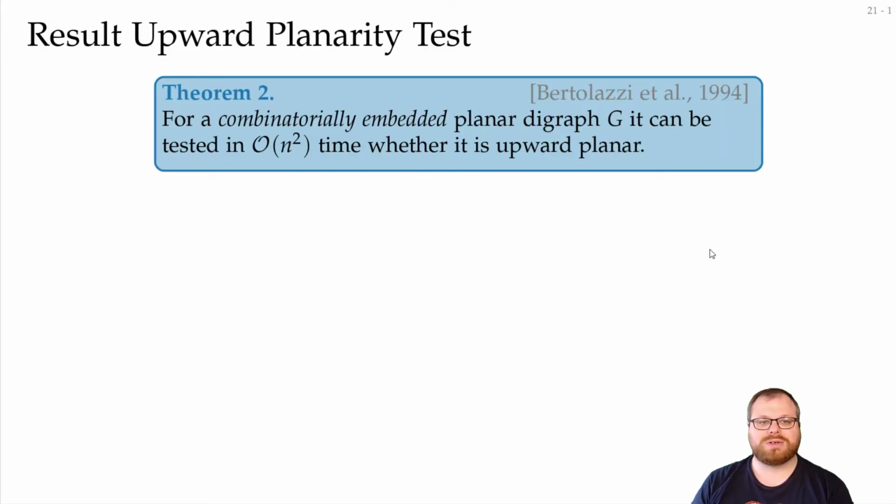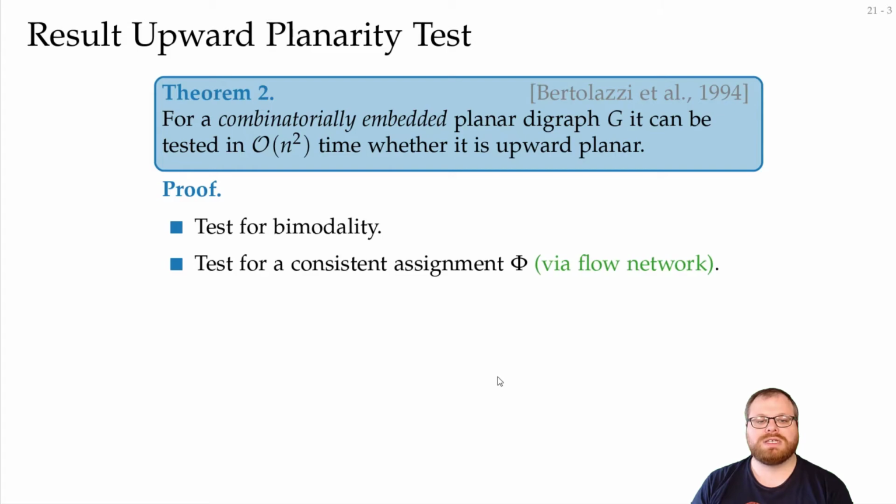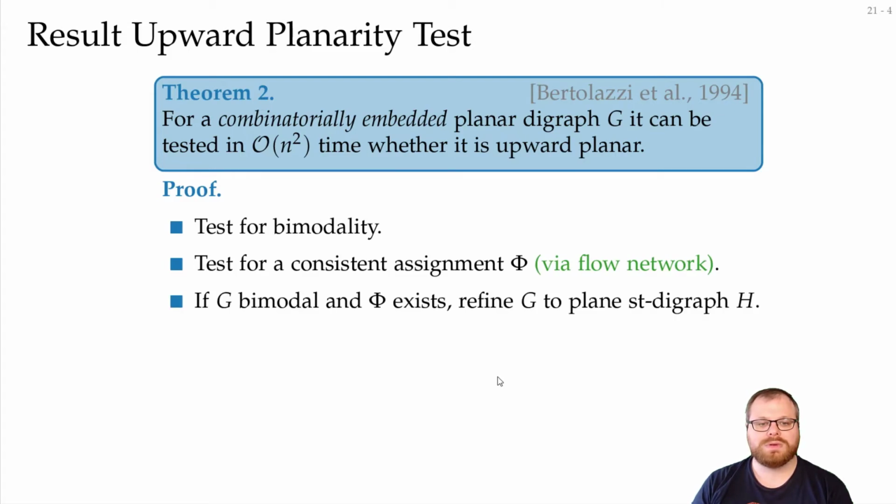Let's summarize our result. For a combinatorially embedded planar digraph, we can test in quadratic time whether it is upward planar. And for the proof, we first test if the embedding is bimodal. Then we test for a consistent assignment via a flow network.